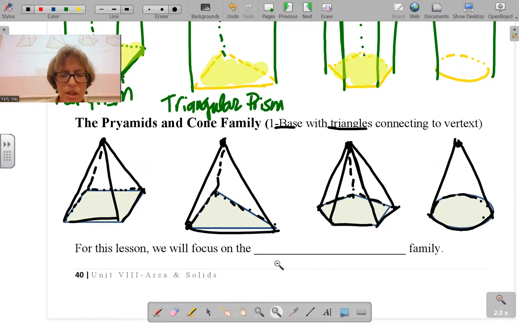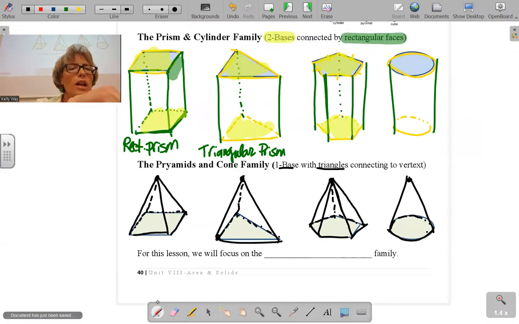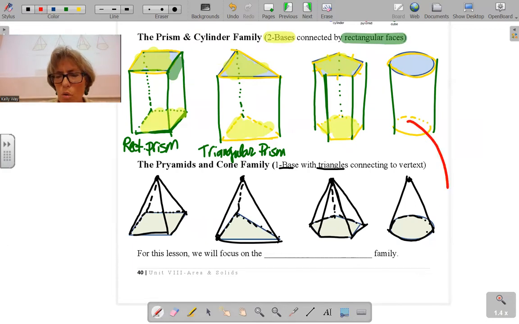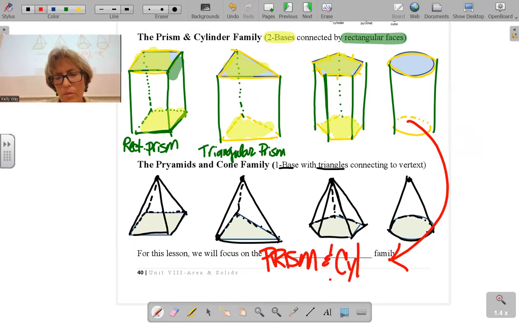Okay, for this particular lesson, we are going to only talk about the prism and cylinder family. So we're focused on that family. The next video will be the other one.